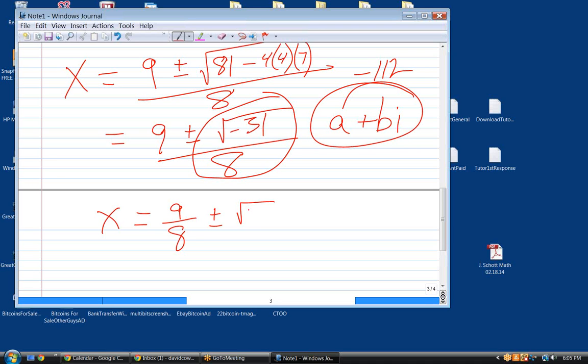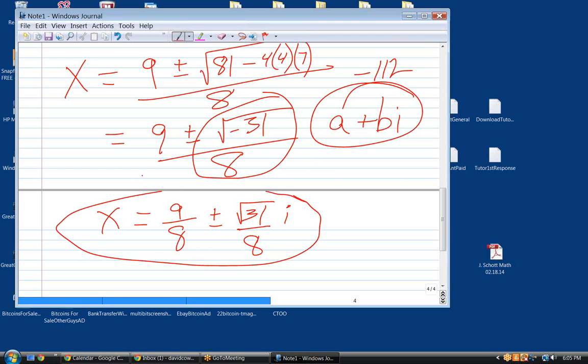So it's the square root of 31 times the square root of negative 1, which is I, all over 8. It doesn't really matter if the fraction bar goes under the I. But this is now in A plus BI format.